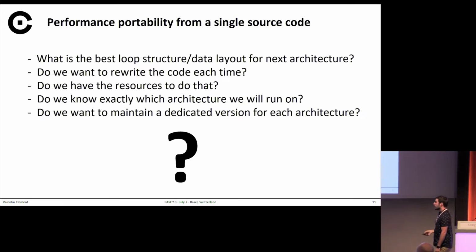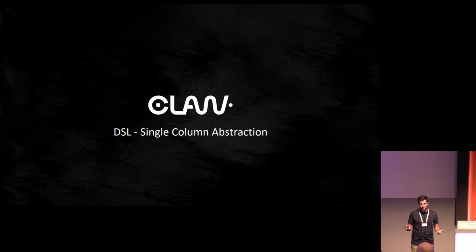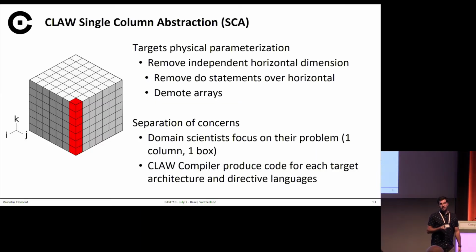And so on. So we came up with our idea, which is the CLAW Single Column Abstraction in what we call the CLAW DSL. So it's targeting physical parameterization in weather and climate models. And the basic idea behind this is that in physical parameterization, you have no data dependencies on the horizontal. So you can compute each column totally independently and in parallel.